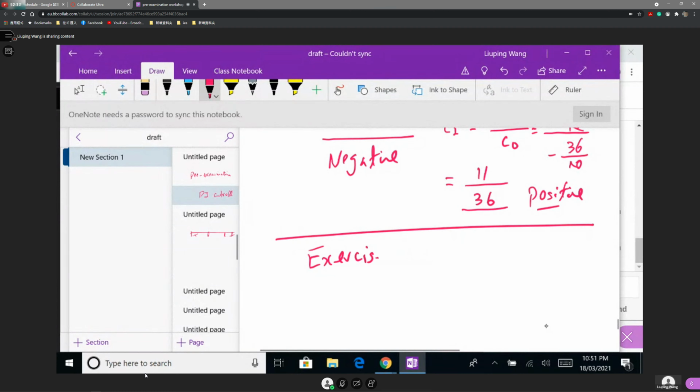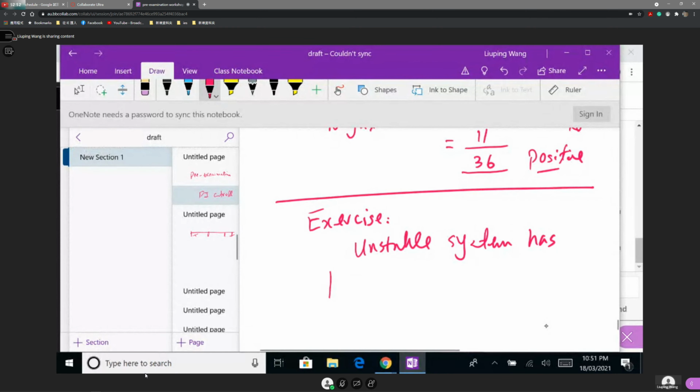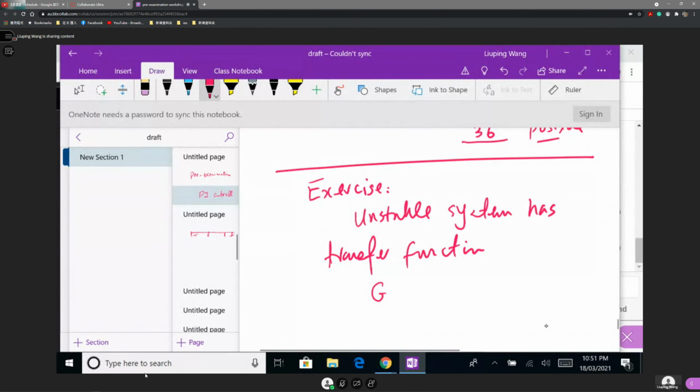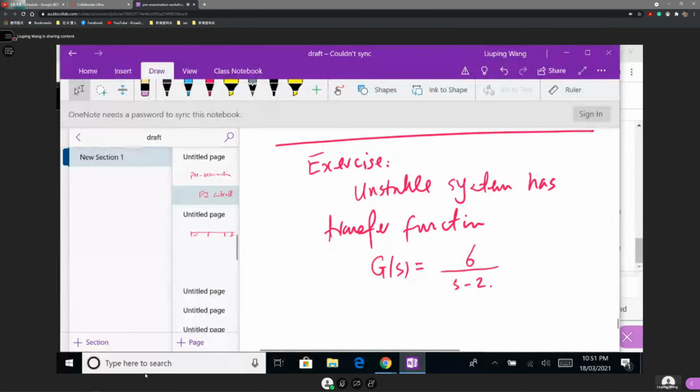Now, this is an unstable system. I have an unstable system as a transfer function, with a pole at minus 2.